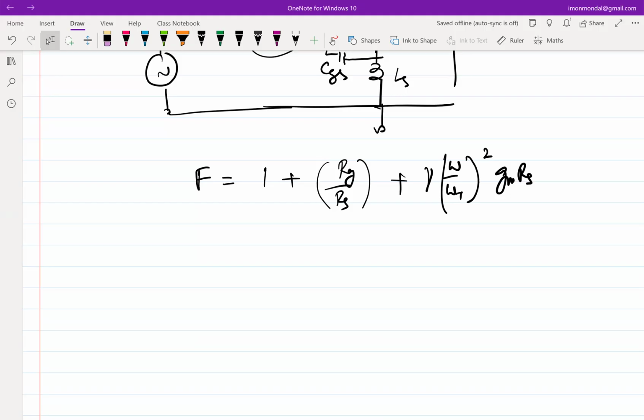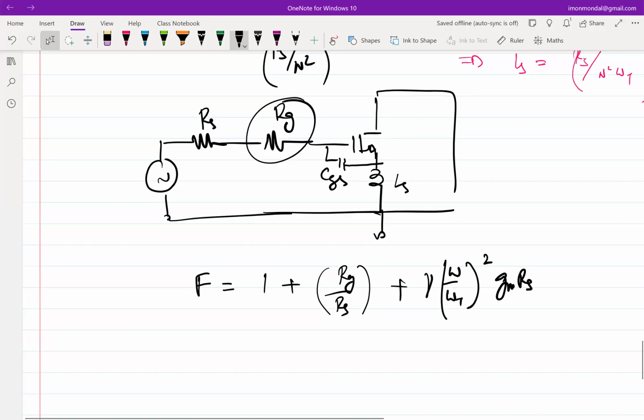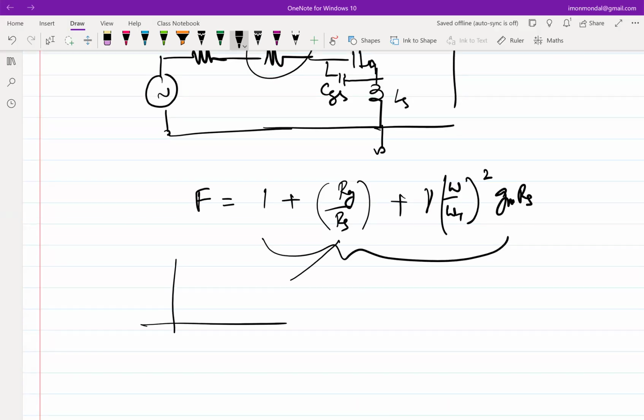you see that there seems to be an optima for RS, right? Because the first term is essentially with respect to RS. So let's say I plot this term. This is RG over RS. So this goes like this, and this term goes like this. Correct? So there seems to be some optima. And in this case, whenever you have x plus 1 by x kind of thing, the optima is always when these two are equal.